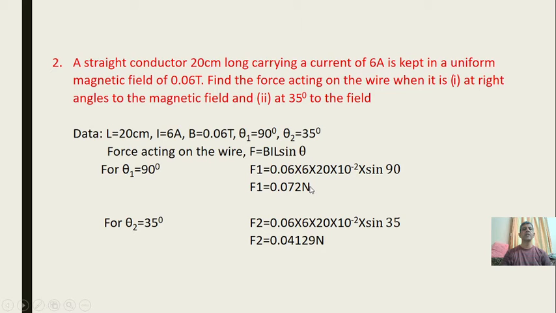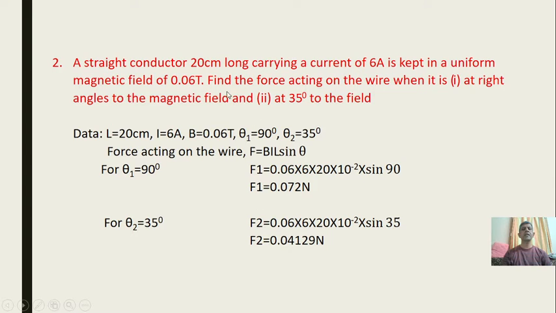That means when a current carrying conductor is placed in a magnetic field at right angles, it experiences a force of 0.072 Newton. Again in the second case, at theta 2 is equal to 35 degree, you will get 0.0429 Newton.